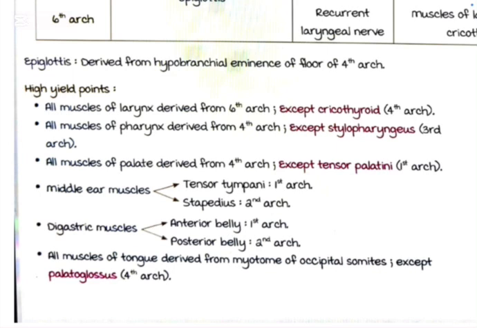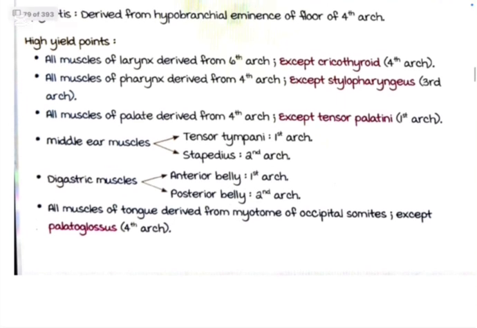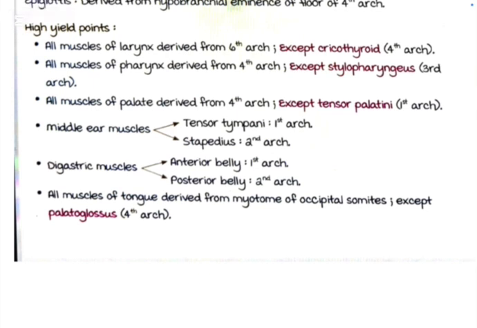Middle ear muscles: tensor tympani and stapedius. Tensor tympani comes from the first arch and stapedius from the second arch. Digastric: anterior belly, first arch; posterior belly, second arch. All muscles of tongue are derived from myotomes of occipital somites except palatoglossus, fourth arch.